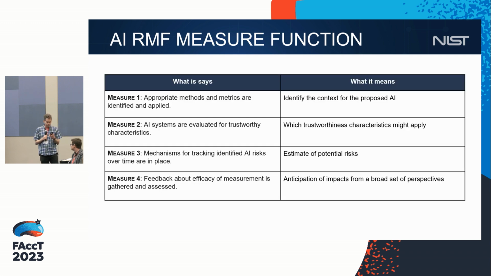Next slide, please. So the AI RMF has 4 different categories in the measure function. Each of them has some subcategories, I think about 20 in all. It's been said earlier, don't think you have to implement all of it.